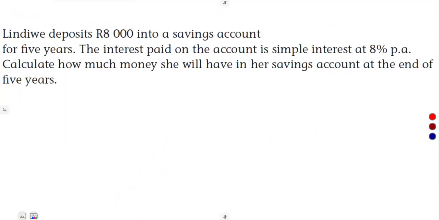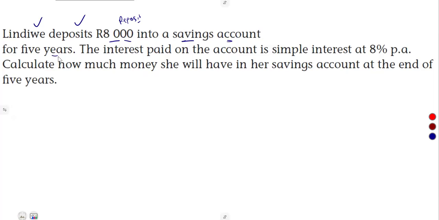Another question we are given here is that Lindiwe deposits 8,000 into a savings account. She deposits the money, just like the money that you borrow, but here it's a deposit.